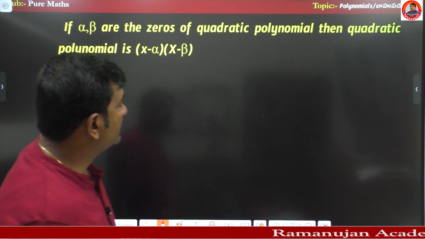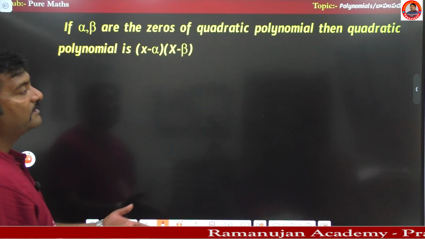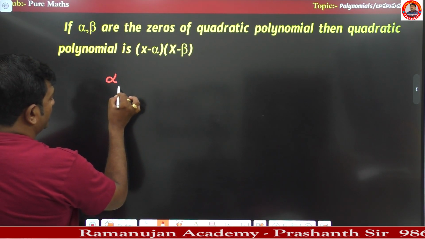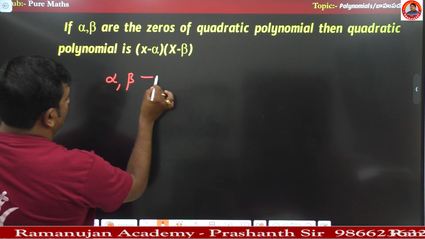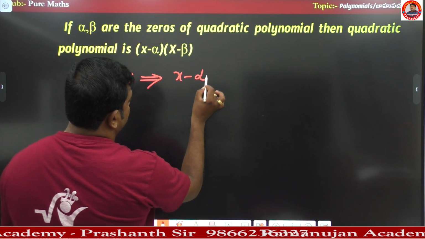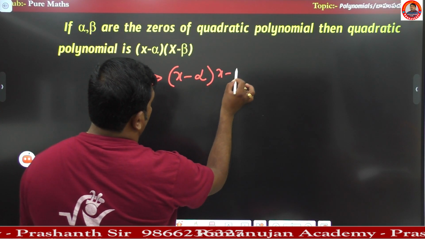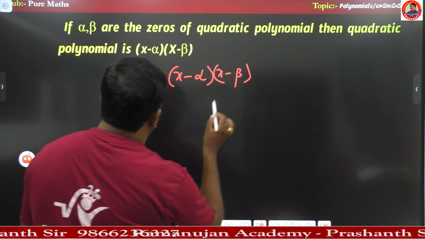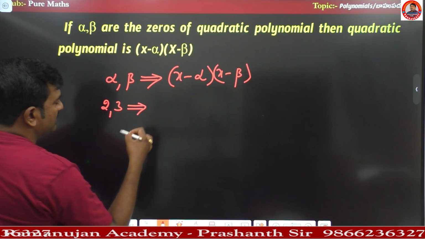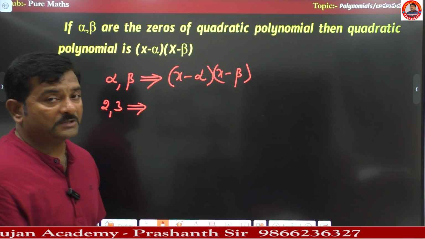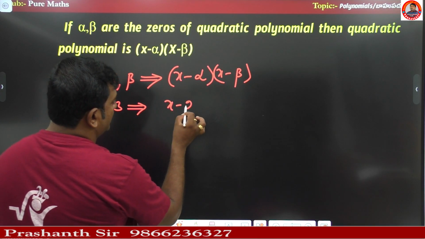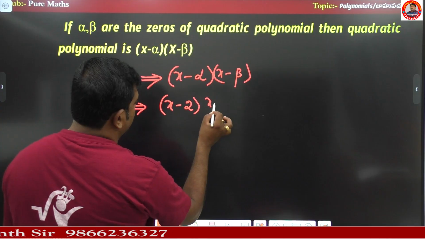With the help of this, we can start some questions. Before that, one more point. If alpha, beta are the roots or zeros of a polynomial, then we can write that polynomial as x minus alpha into x minus beta. For example, to find the polynomial whose roots are 2, 3, we take x minus 2 into x minus 3.